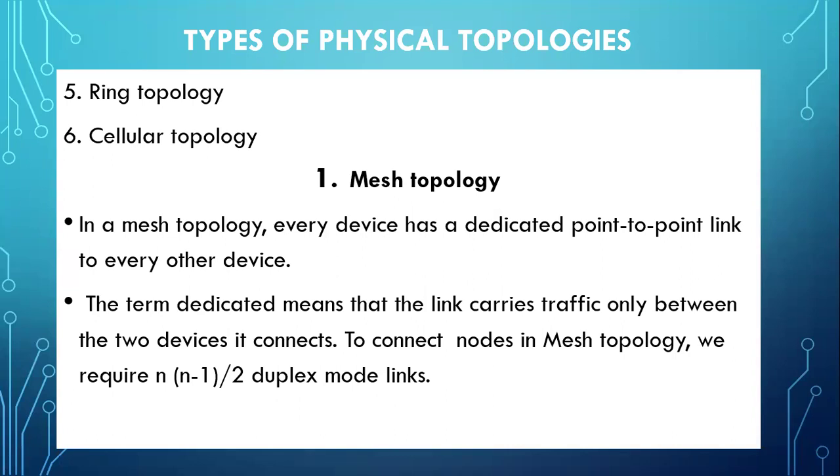The term dedicated means that the link carries traffic only between the two devices it connects, not further away from that. To connect the nodes in this mesh topology, we require duplex-mode links of the form n(n-1)/2.